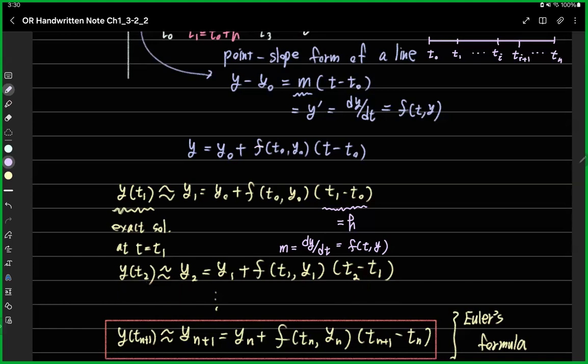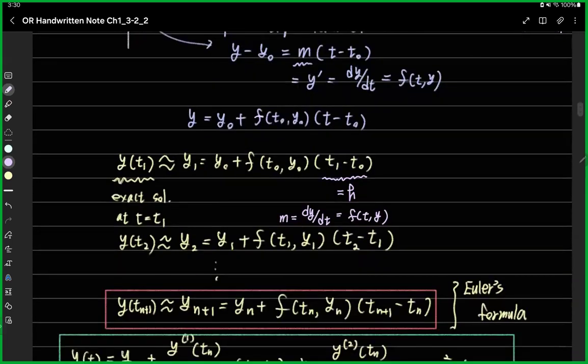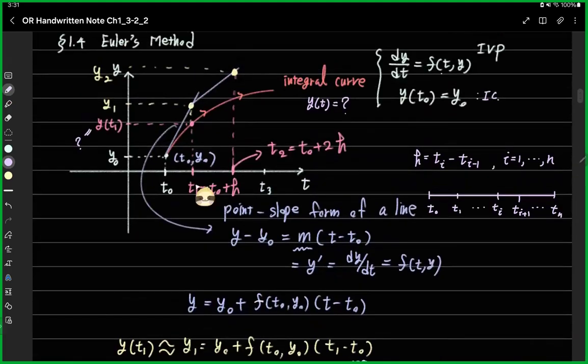So right here, we get Y is equal to Y sub 1 plus f of T sub 1, Y sub 1, times T minus T1. That is the equation of the tangent line at T sub 1 comma Y sub 1, which is this. And then we use this one to find the approximation of Y at T sub 2 right here.